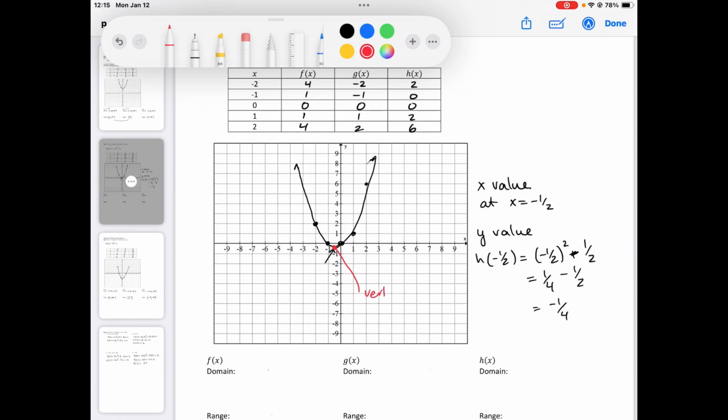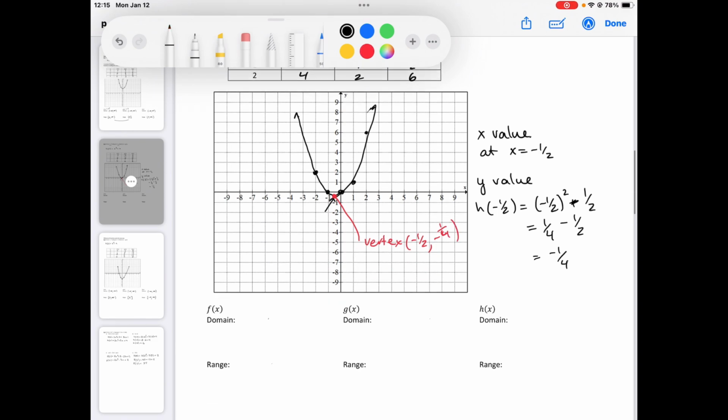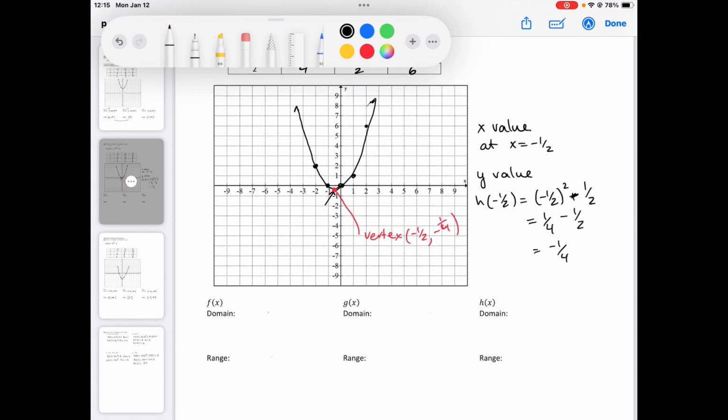So that vertex point is at (-1/2, -1/4), which is going to allow me to fill in the characteristics below. So the domain of my function f(x) is all real numbers. g(x) is also all real numbers. So my domain is the sum of those two sets, which is all real numbers.